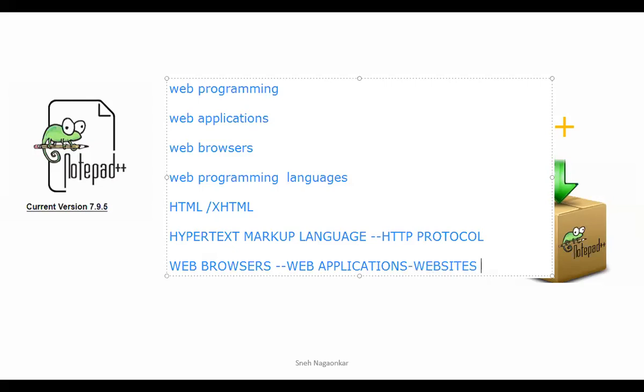We need the help of this HTTP protocol. So when we want to do web programming, we need to learn the basic languages, that is HTML and XHTML. Today I'm going to tell you the basics of how to execute and run this HTML part.